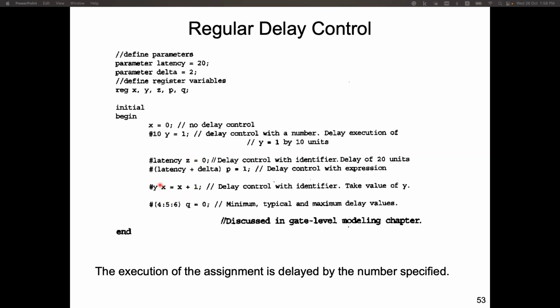But the delay can also be specified by using a variable identifier. Y is a register type variable. You can use this Y to indicate the amount of delay.